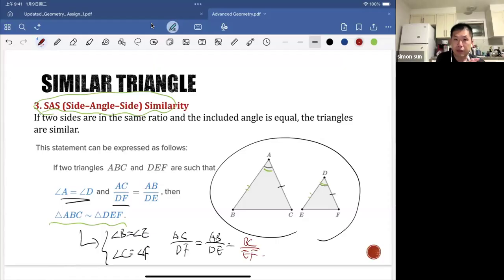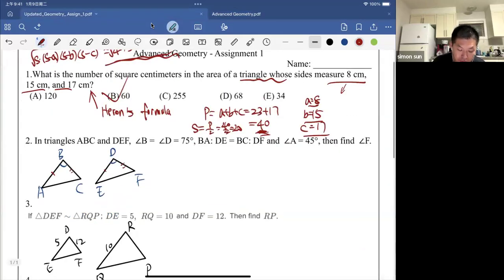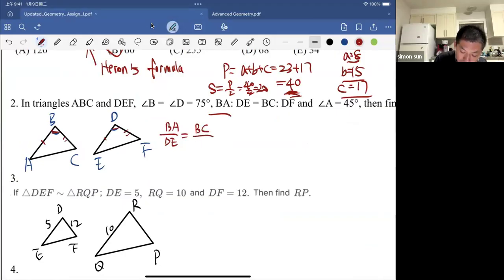Okay, and let's go back to our questions. Look at the first one. In triangle ABC and DEF, angle B is equal to angle D, equal to 75 degrees, and BA over DE is equal to BC over DF.